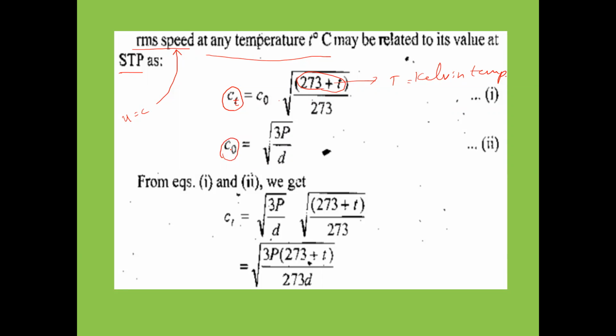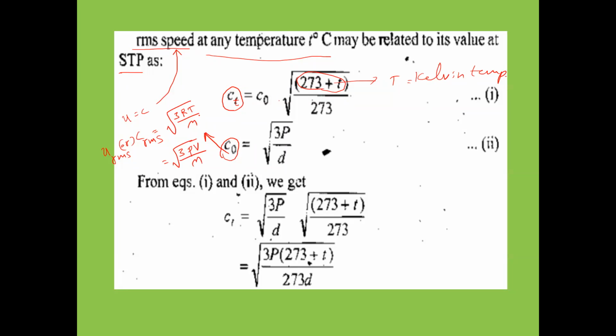C naught, the RMS velocity at 0 degrees Celsius, is equal to under root 3P by D. We have discussed the RMS velocity formula: URMS or CRMS equals under root 3RT by M, or under root 3PV by M. These two kinds we can take.